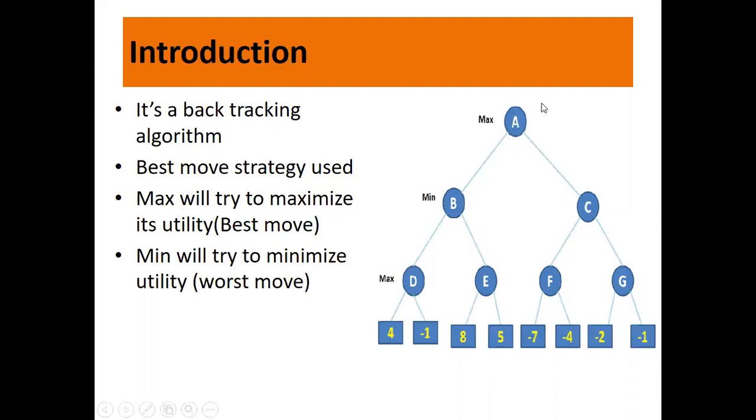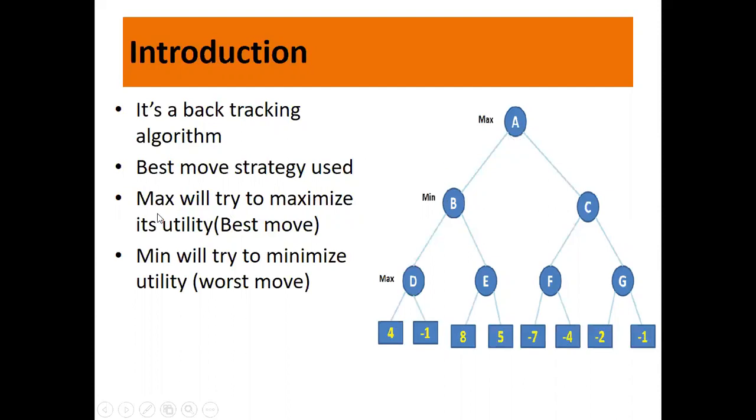So one is winning and another is losing. The opponent will try to make moves in such a way that the Max player will not be able to win the game. Both of them try to use the best strategy, but the best strategy used by Max is for winning, and the best strategy used by Min is to make Max lose the game.